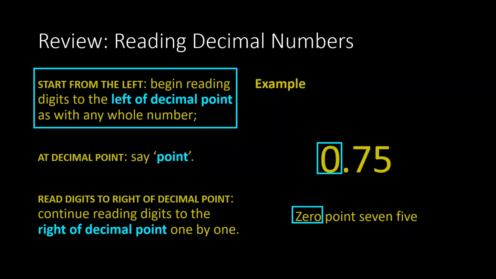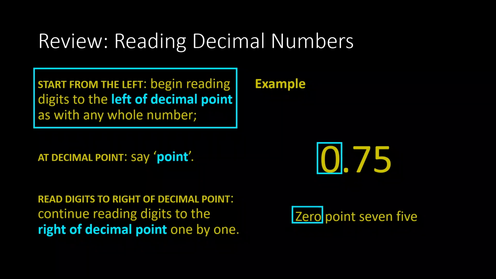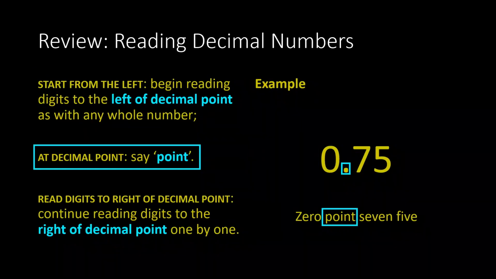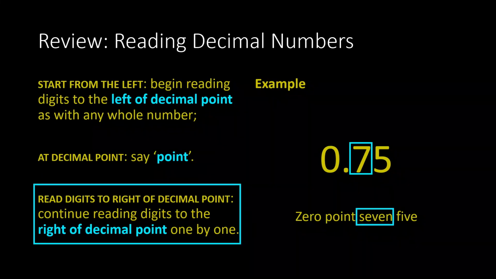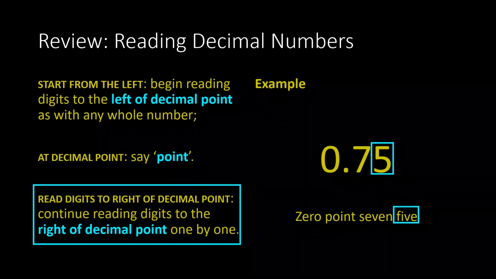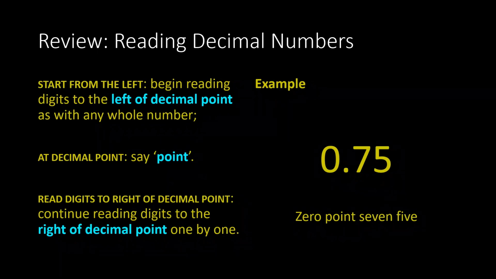First we read the 0, the digit to the left of the decimal point, and then we say point, and then we start to read the digits to the right of the decimal point. So 7 and then 5. And the number, as we said earlier, is 0.75.